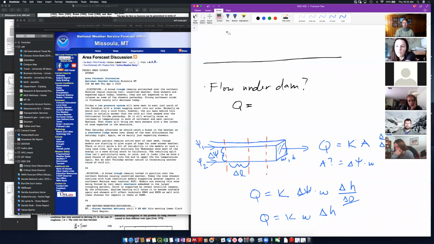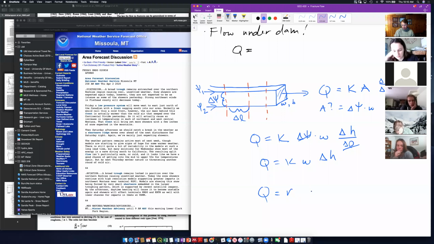Okay, so this is the flow out of one stream tube. If I have a bunch of stream tubes, it is NS times K times W times delta H. Now the question is, how do we calculate delta H, the head drop between each contour? There's two things you've got to think about.